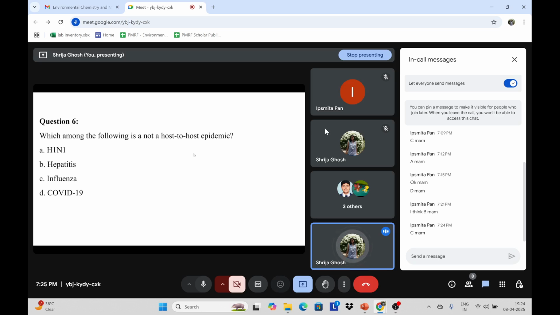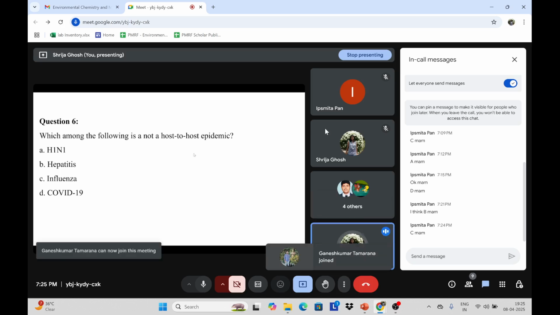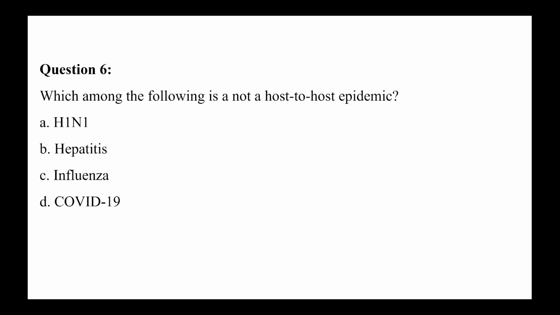Do you understand what host to host epidemic means? Host to host epidemic basically means it can spread from one host to another directly.